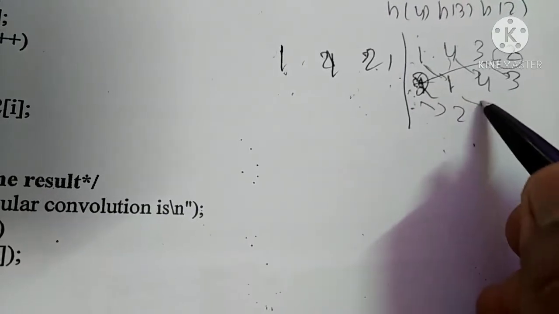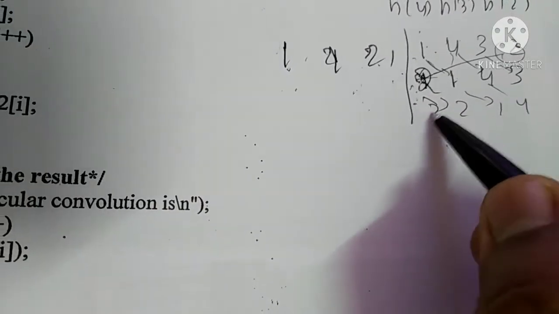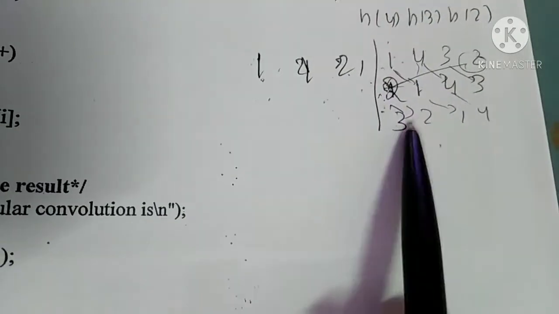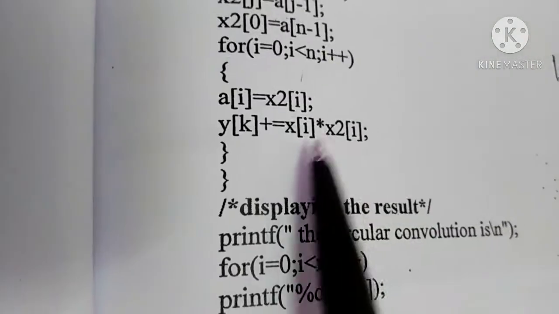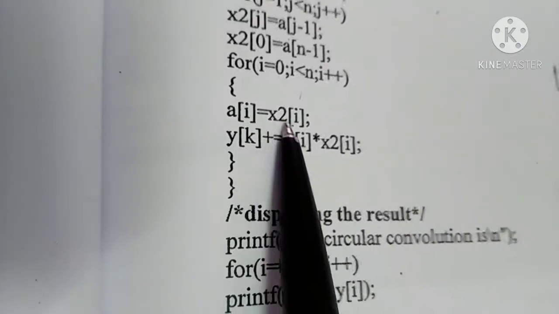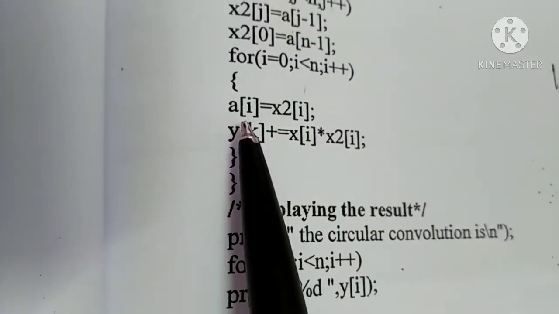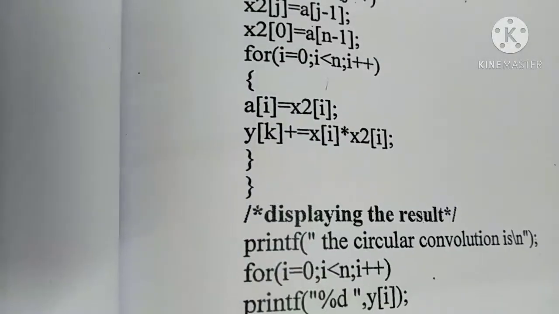After this, this will become our new value. Now this 2 should be taken here, 4 here, and lastly 3. For that reason I want this value to act as our previous value, so I am storing it here: A of i is equal to x2 of i, means our x2 of i is now acting as A of i. After multiplying, you get the answer.